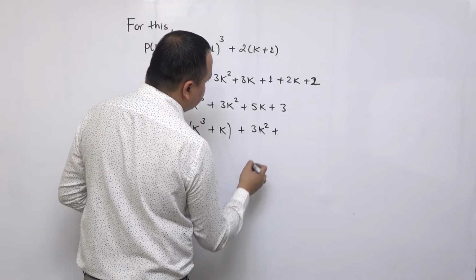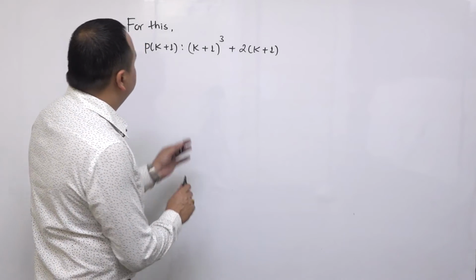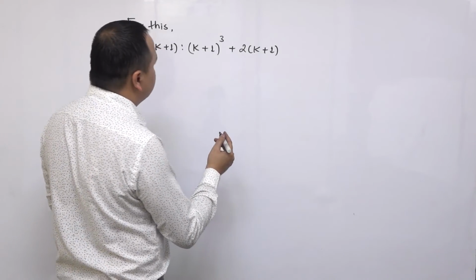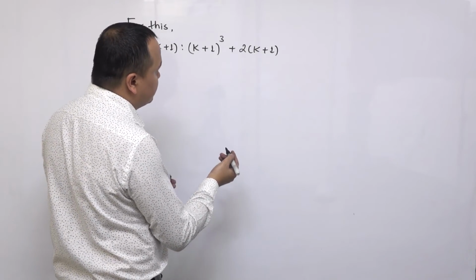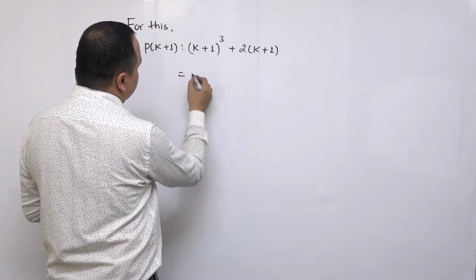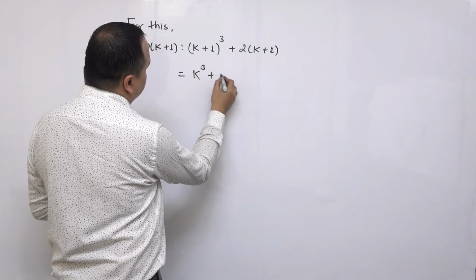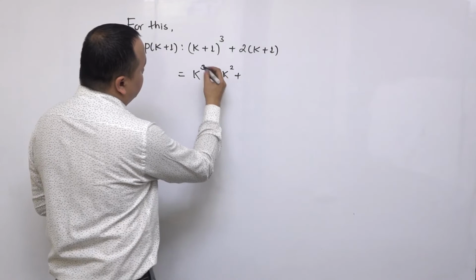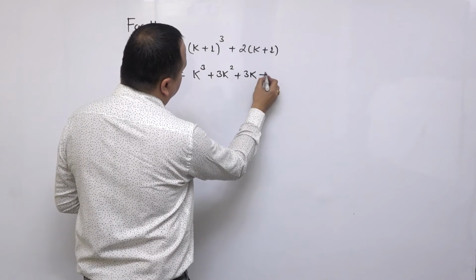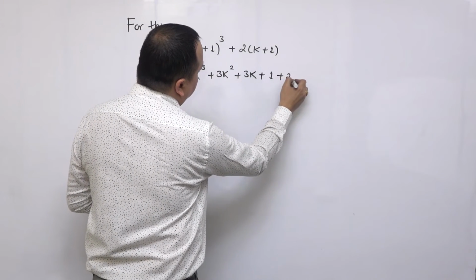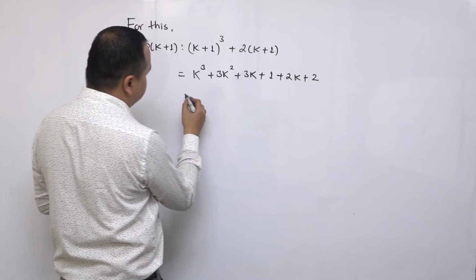For this, Pk plus 1 is (k plus 1) cube plus 2 times (k plus 1). And this is k cube plus 3k square plus 3k plus 1 plus 2k plus 2.